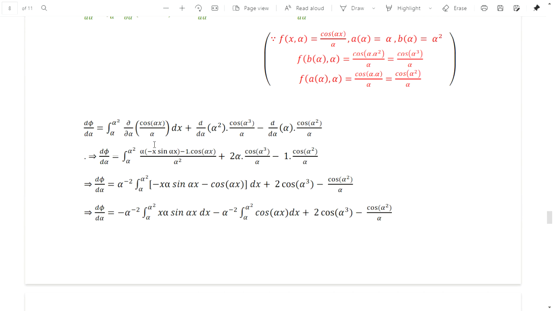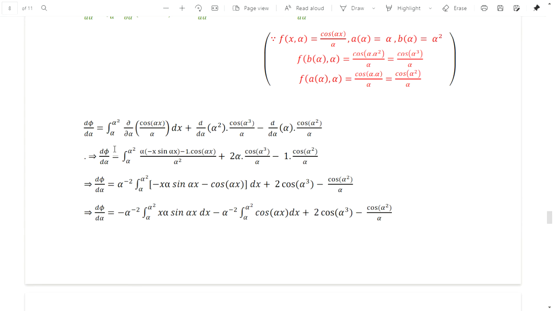Differentiation of alpha with respect to alpha is 1, whole divided by denominator square, that is alpha square, plus differentiation of alpha squared is 2 alpha into cos of alpha cube by alpha minus differentiation of alpha with respect to alpha is 1 into cos of alpha squared by alpha.